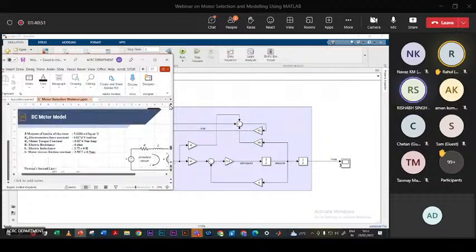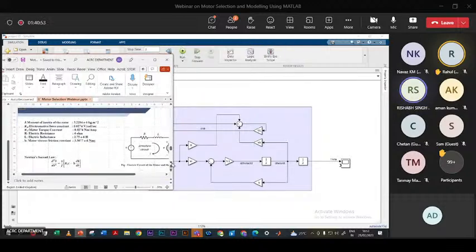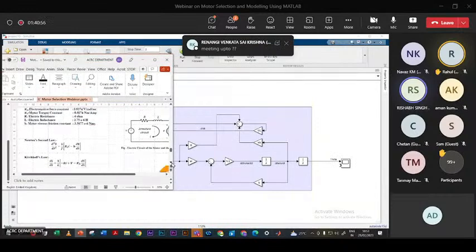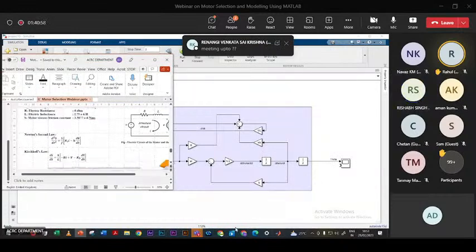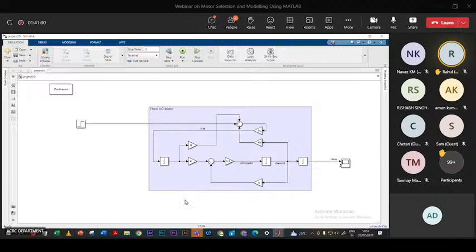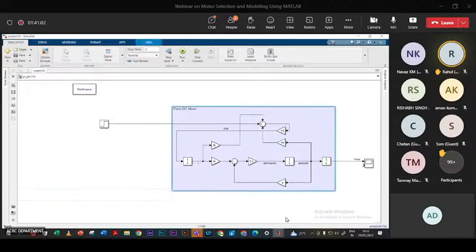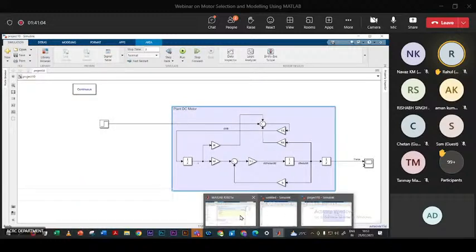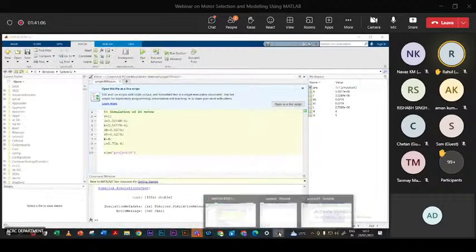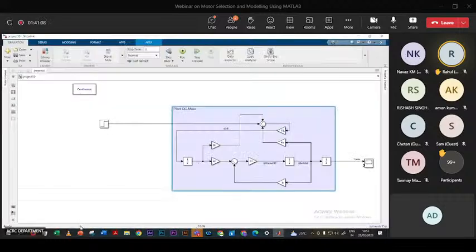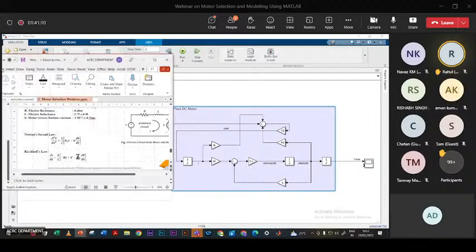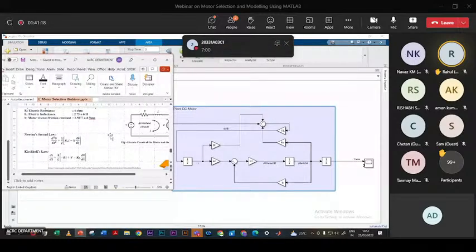Sir, how to implement the formula in MATLAB? Here I am showing that only. So here the first one is the d theta by dt. Here I want the angular position, so my theta will be the output and my V will be the input.